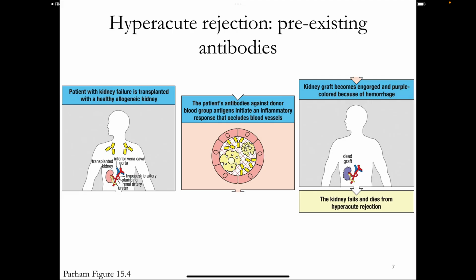So in the bone marrow, everybody will have B cells with these specificities generated.